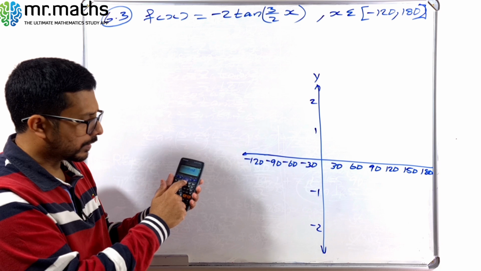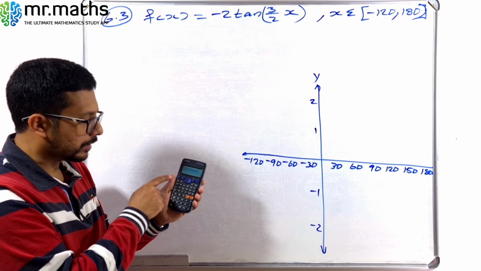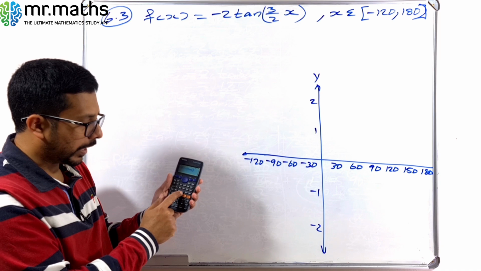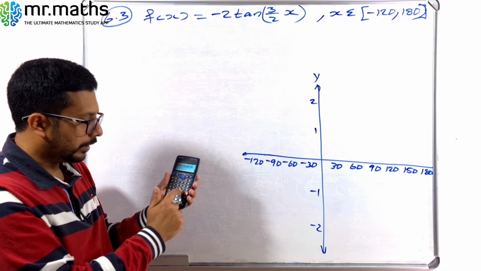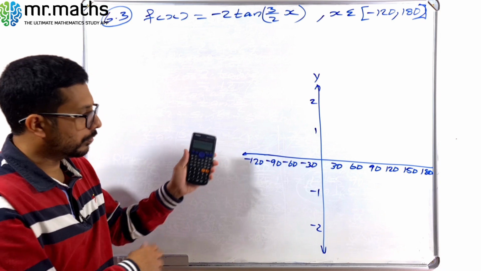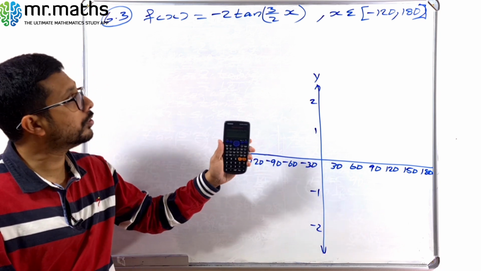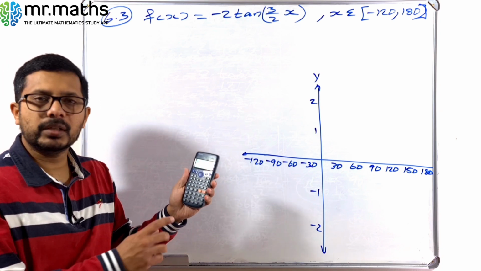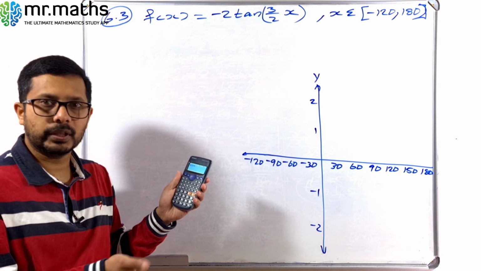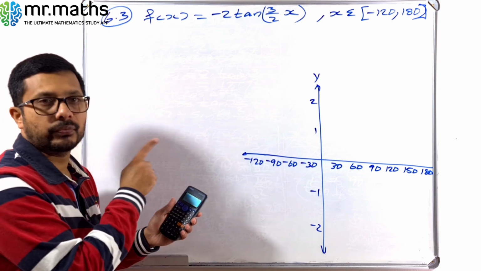You can type exactly like that: 3 over 2, then x using alpha, then close the bracket. So we have typed minus 2 tan 3 over 2 x. Then equal to g of x. If there is another graph also, you can type the equation of that graph, but in our case only one graph, f of x.